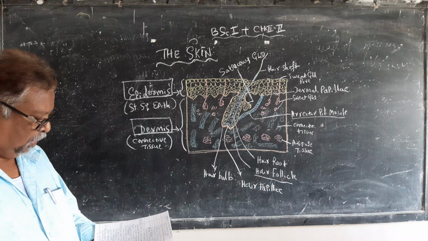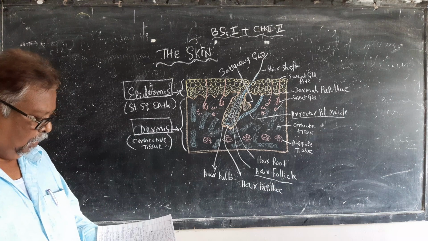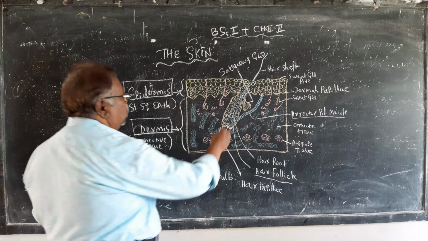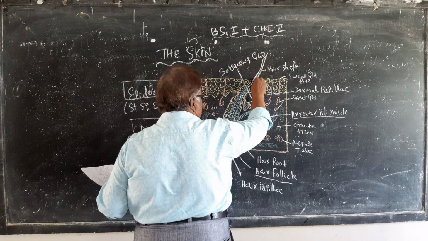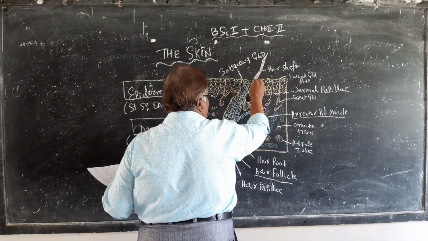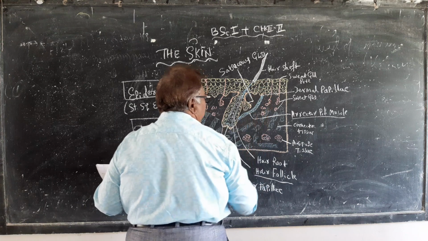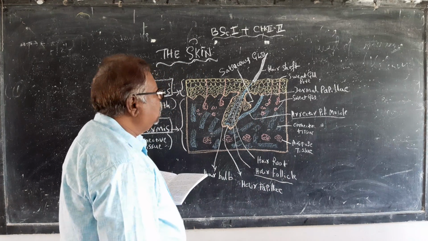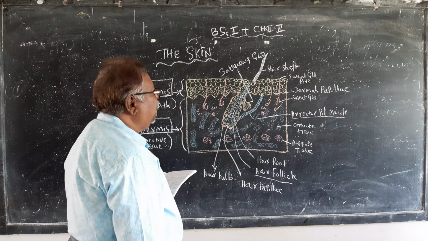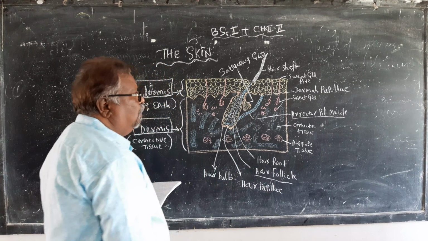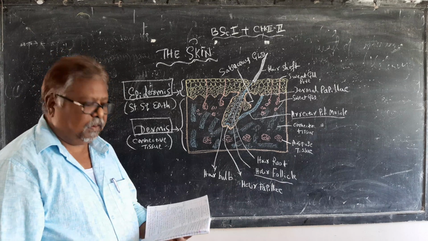Contraction of these muscles makes the hair stand erect. The hair should stand erect at some situations, and this erection of hair is by the contraction of these erector pili muscles.